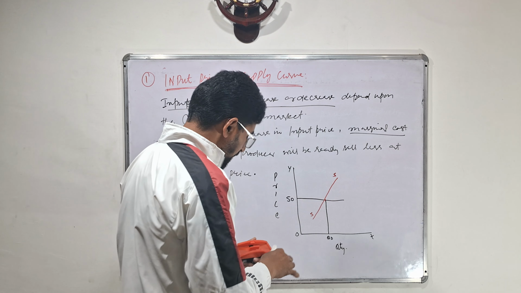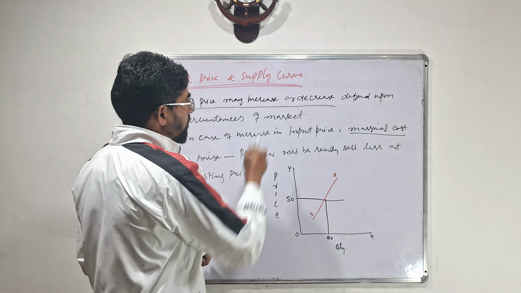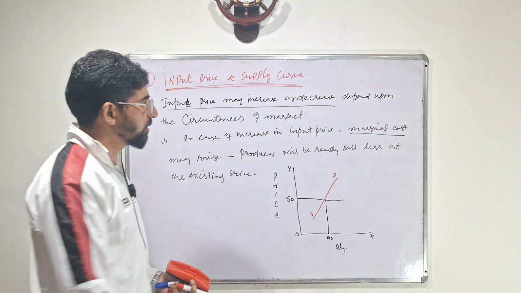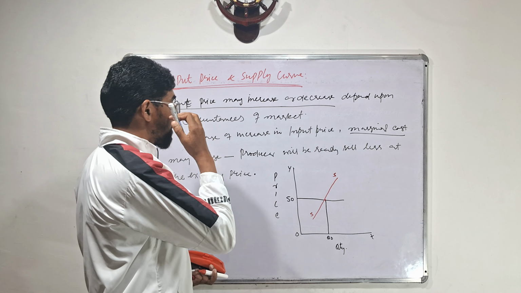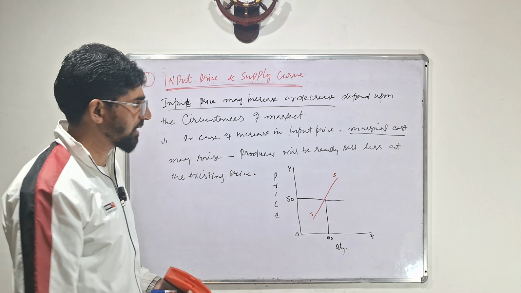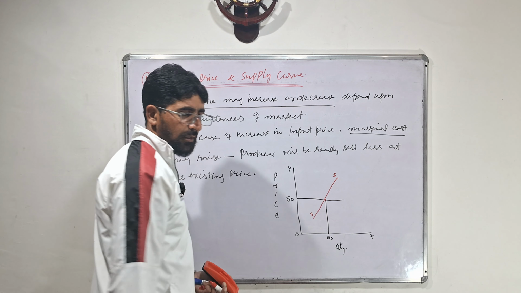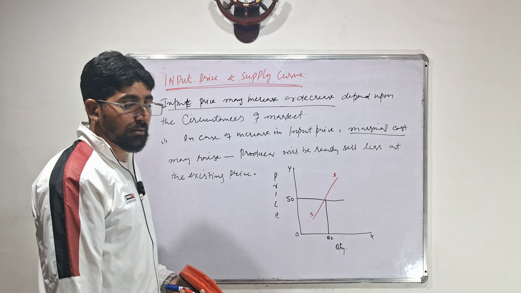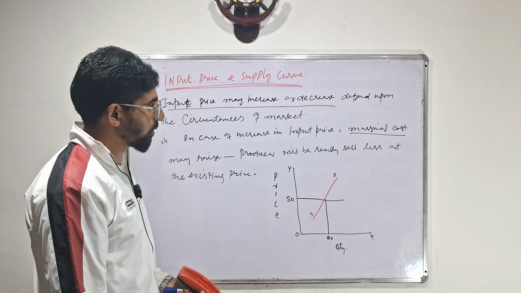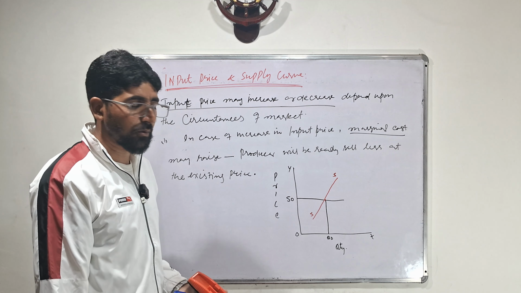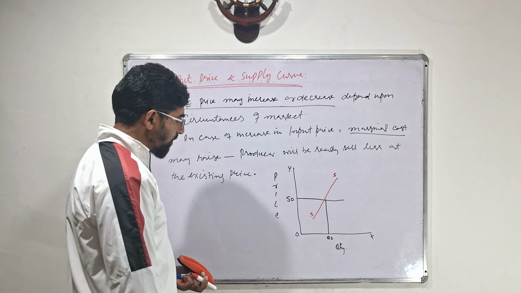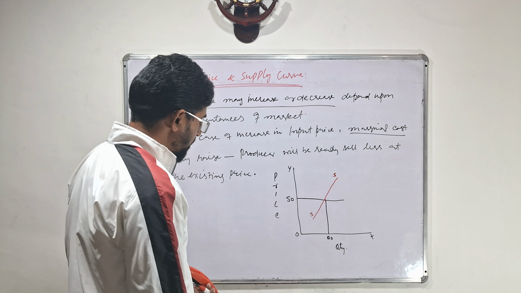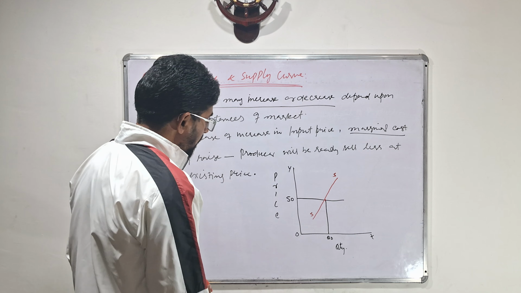When the price of input increases, definitely it will lead to a rise in marginal cost. Marginal cost, as I told, is the additional cost which the producer has to pay to produce goods and services.